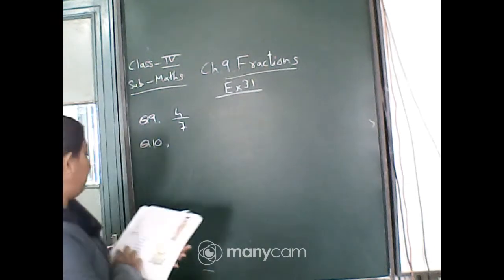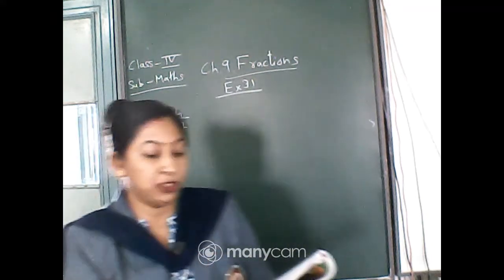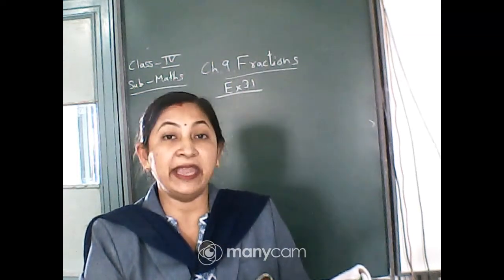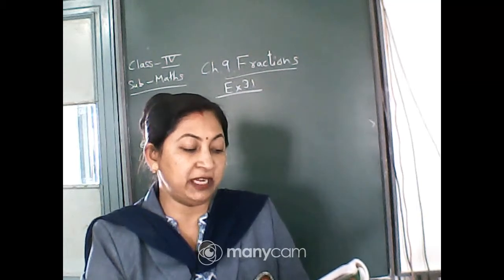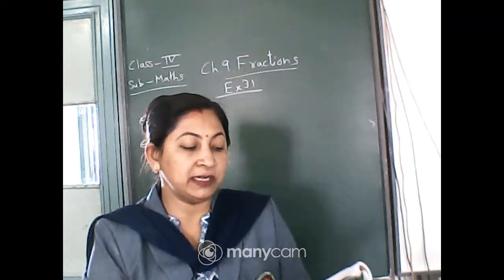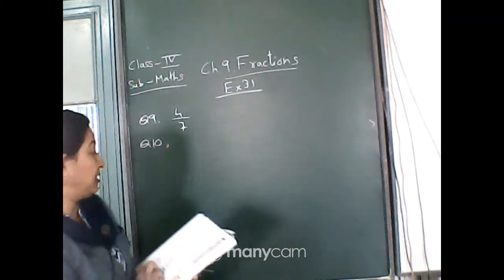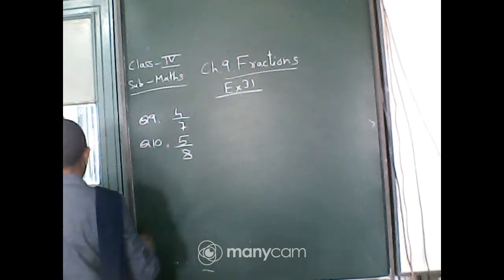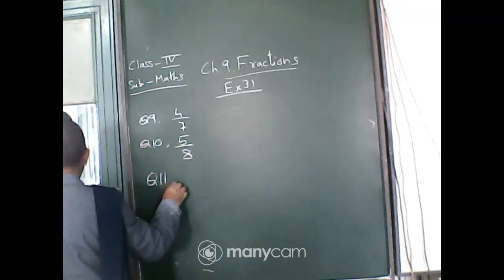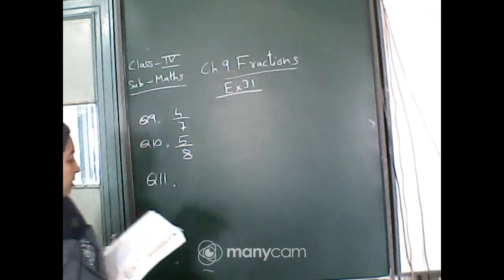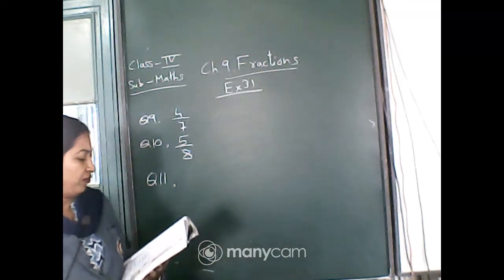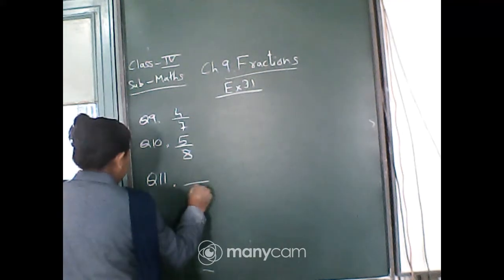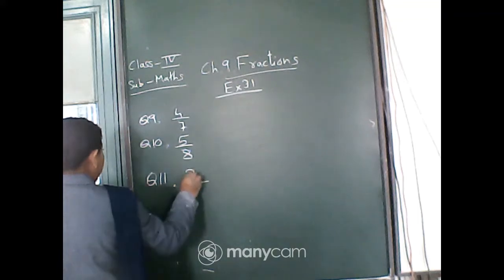Then number 10. OA is the line segment, and it has 8 divisions. Count, it has 8 divisions, and OB represents 5 by 8. It is the 5th one. Then number 11, it is divided into 5 parts, and B is in the 3rd part.